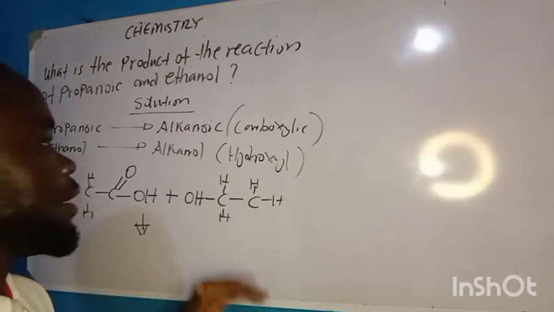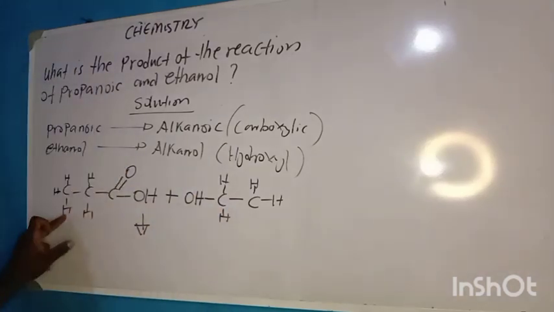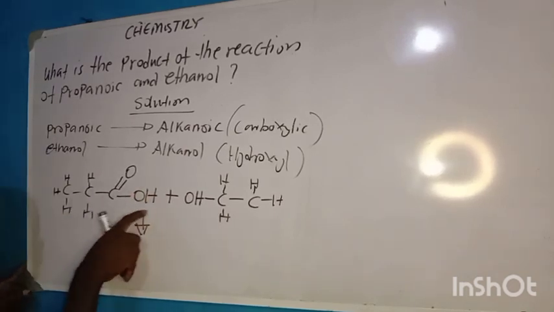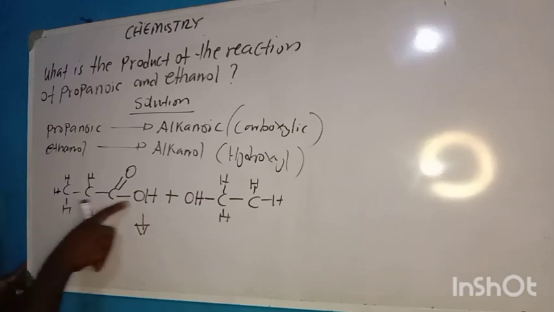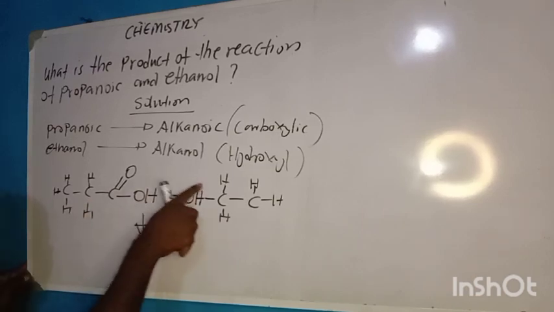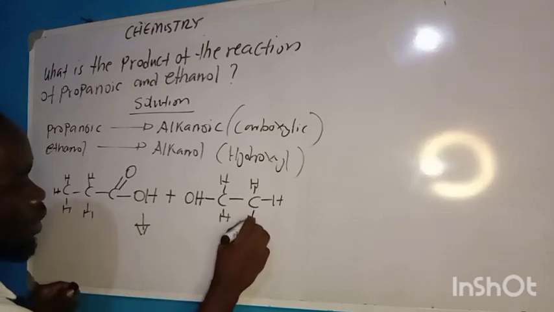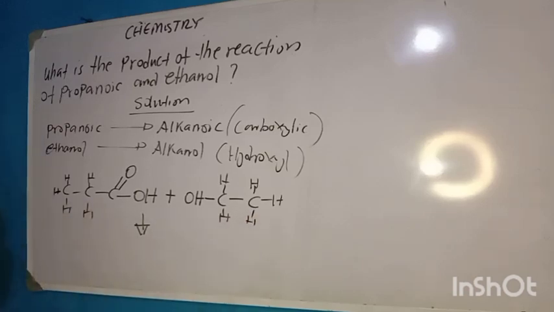Now, when the carboxylic acid reacts with the hydroxyl, the hydrogen atom on the carboxylic acid will combine with the hydroxyl on the alkanol. So the product of the reaction is going to be, bring this down, it is 1, 2, 3. The hydrogen atoms are going to be here.